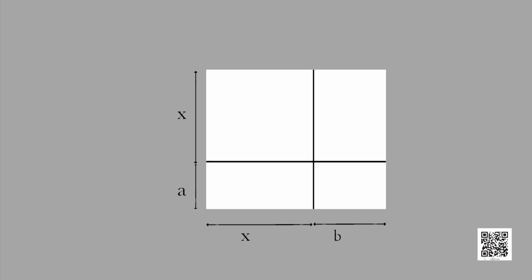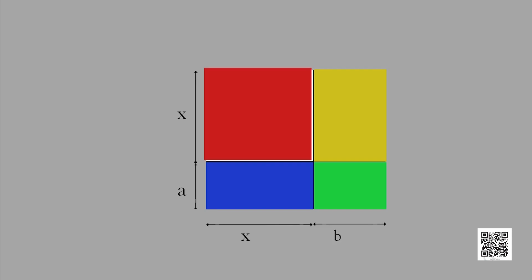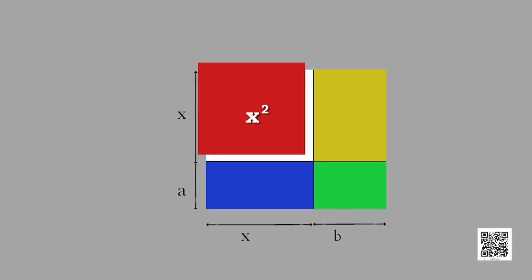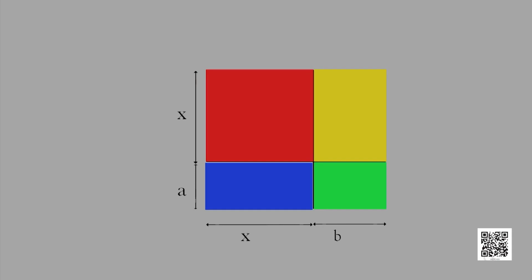Now, the area of this rectangle is (x plus a) into (x plus b). After cutting, we get a square whose area is x square, a rectangle whose area is x into a, another rectangle whose area is x into b, and one more rectangle whose area is a into b.